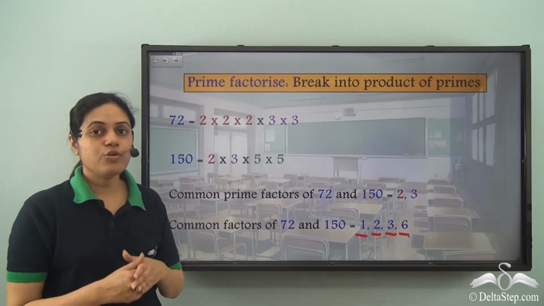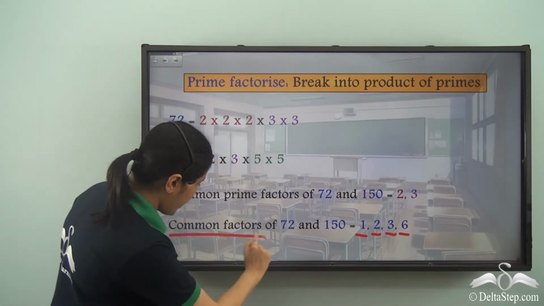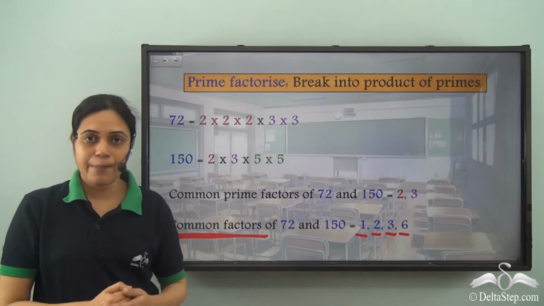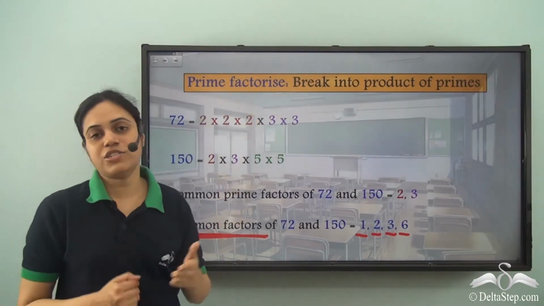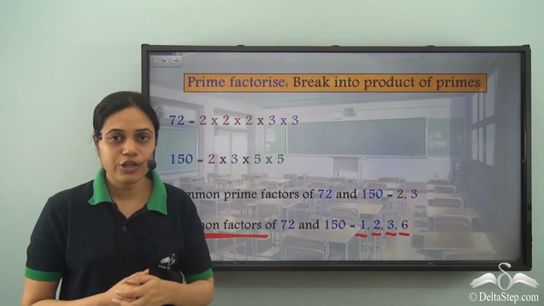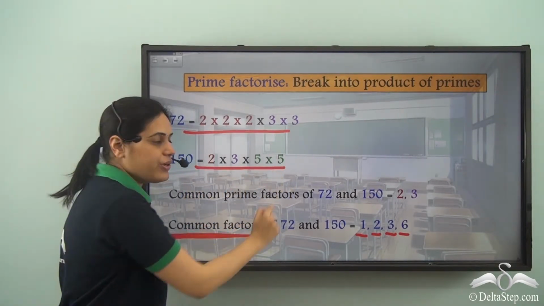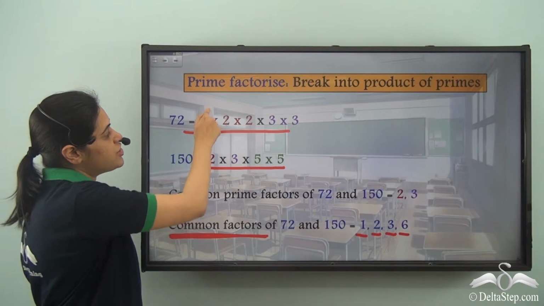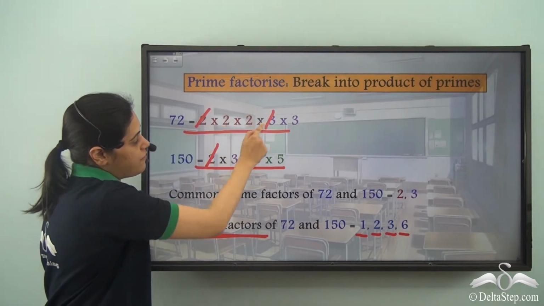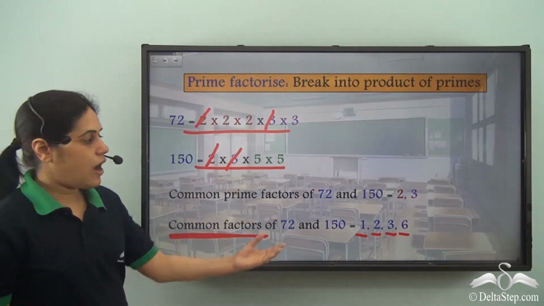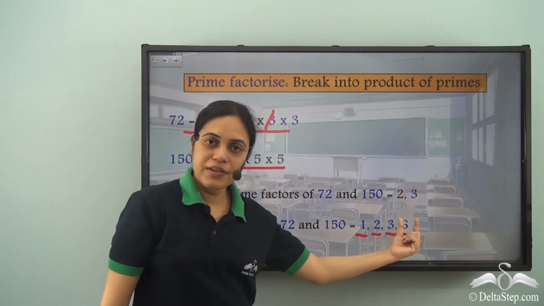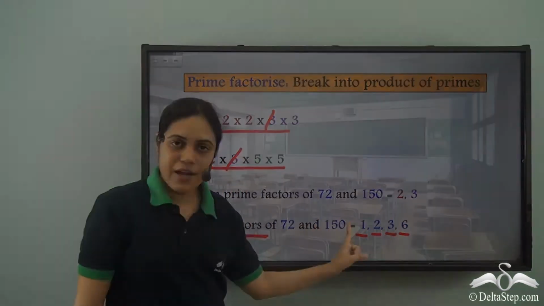So this is how you can find the common factors of two numbers by the prime factorization method. How can you do that? First, prime factorize the two numbers. Then check the common prime factors. Now write the common prime factors. First take 1.